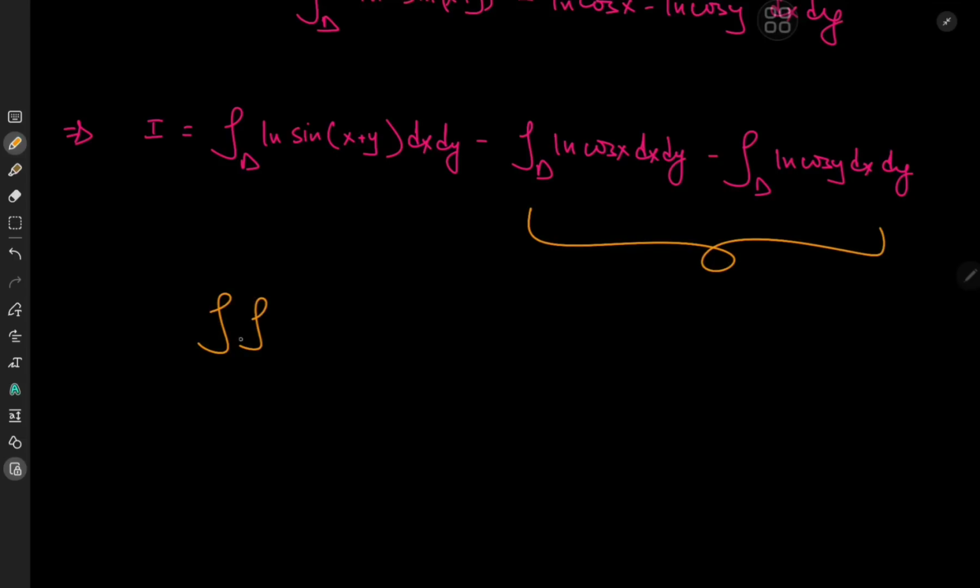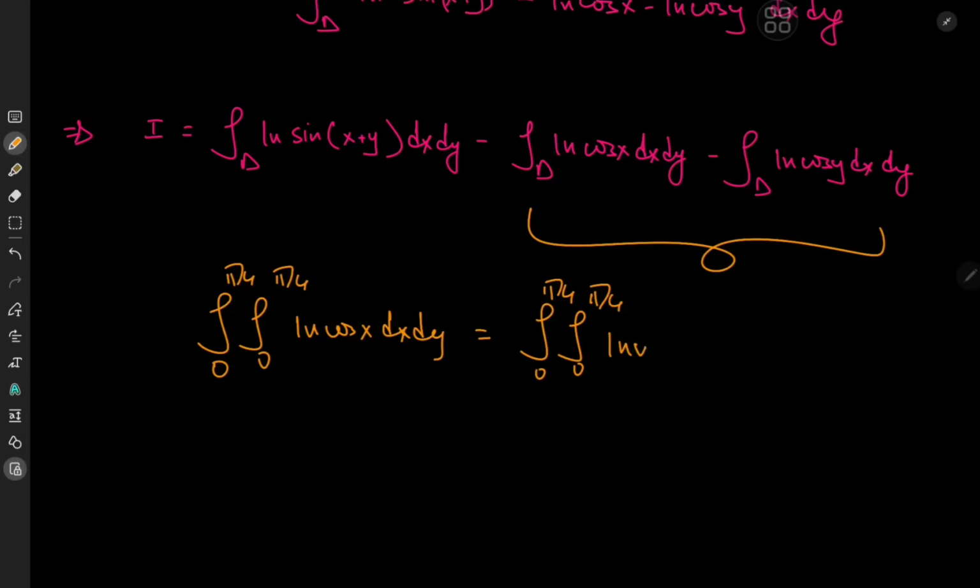First up, notice that we have the double integral from 0 to pi by 4 of log cos x dx dy. By symmetry, this should be equal to the double integral from 0 to pi by 4 of log cos y dx dy. In both cases, we see that we have a function of x and no function of y, or a function of y and no function of x, depending on whatever way you want to see it.